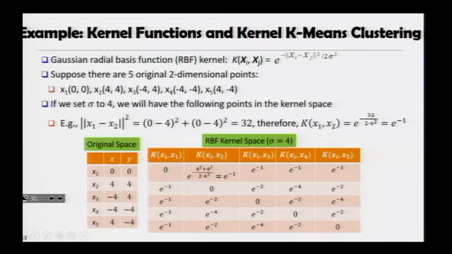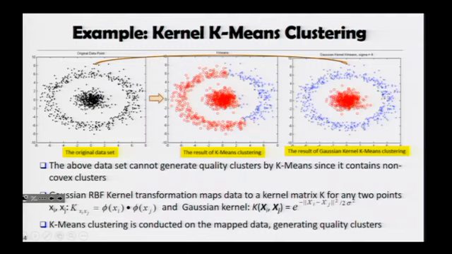Versus if you go to the kernel space using the Gaussian radial basis function, you can see the values are computed in a totally different way. It's e to the power of -1, -4 and so on, and it leads to these results I previously showed you. You can nicely partition the data points, even those data points that have a non-convex cluster structure.